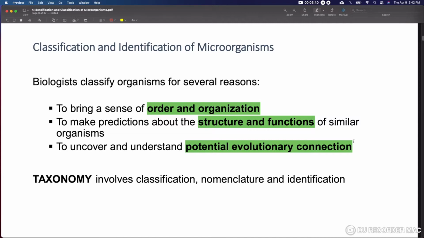So again, you have recalled taxonomy involves classification and nomenclature plus the identification of your microorganism. But the difference of taxonomy and systematics, also in microbial systematics, is that we're also looking at the tree of life, no? The phylogeny of things.